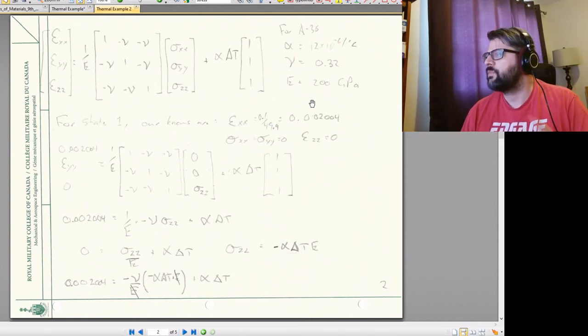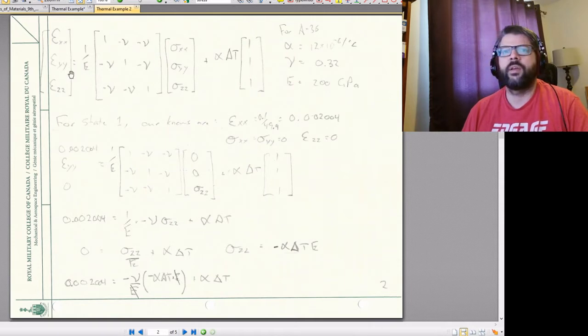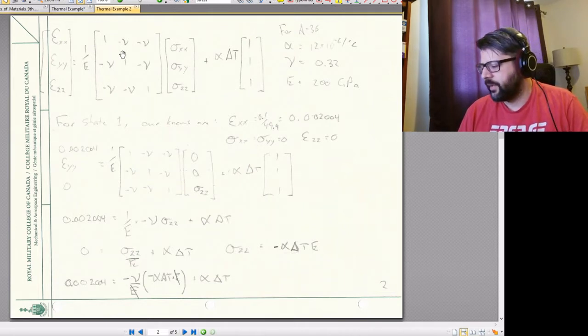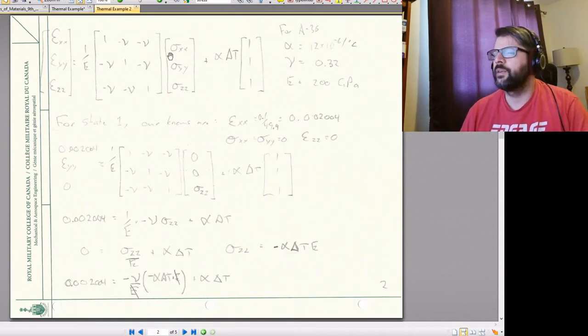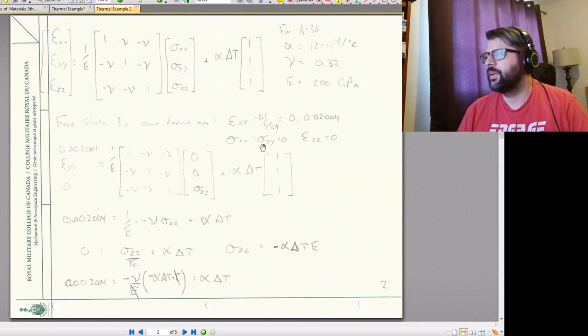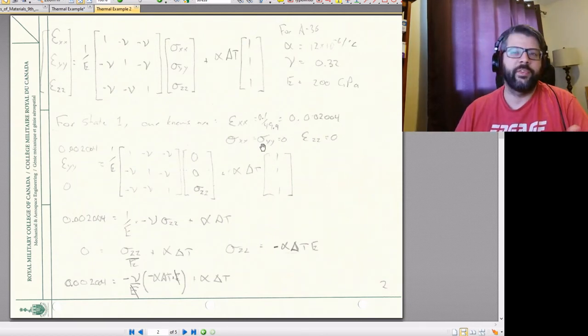So we got a nice little matrix form of the generalized Hooke's law. I didn't include the shear strain portion of it because it's all just ones and zeros. It's all going to be zeros for the stresses, so it's all going to be zeros for the strain.